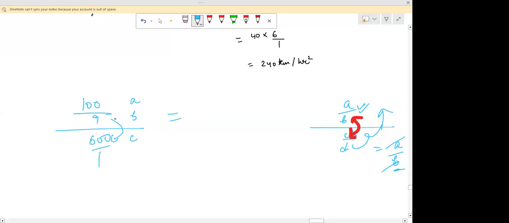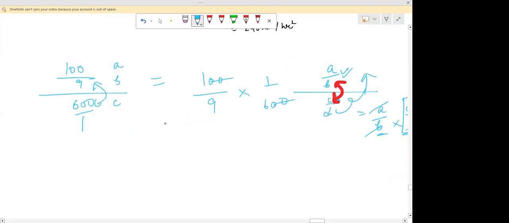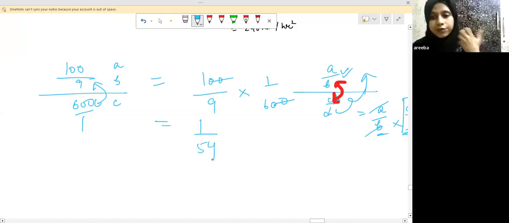So first fraction multiplied by the reciprocal. So 1/600. And now 0 will be cancelled. So I am left with 1/54. Now if you take the decimal, you will be getting 0.01.